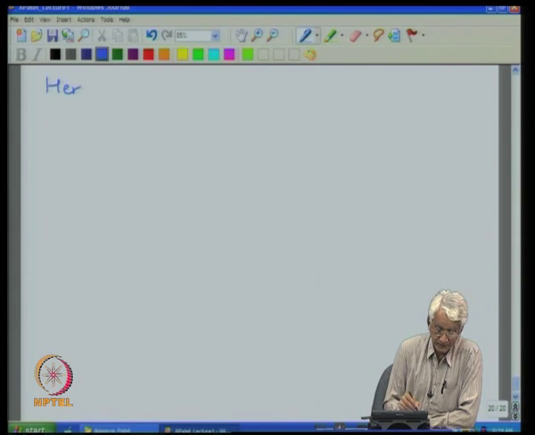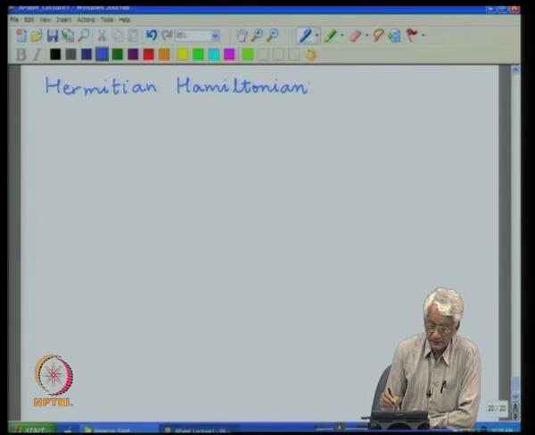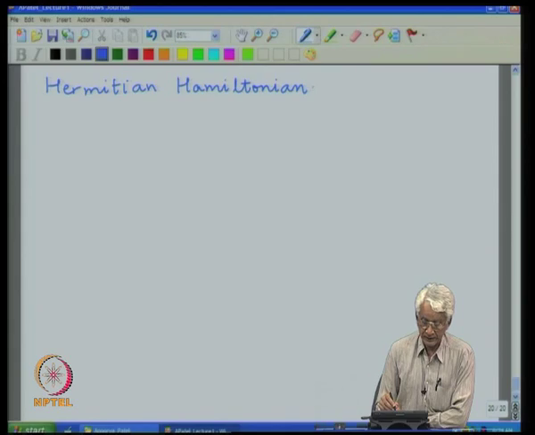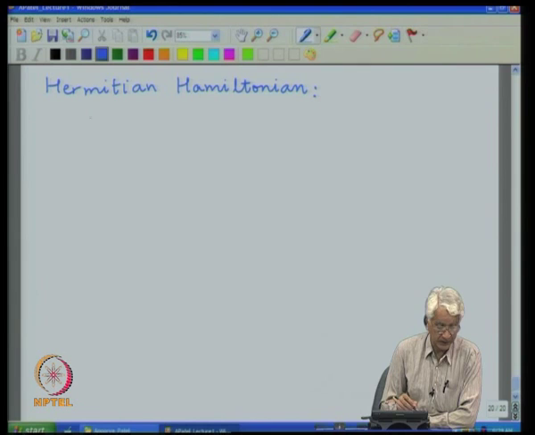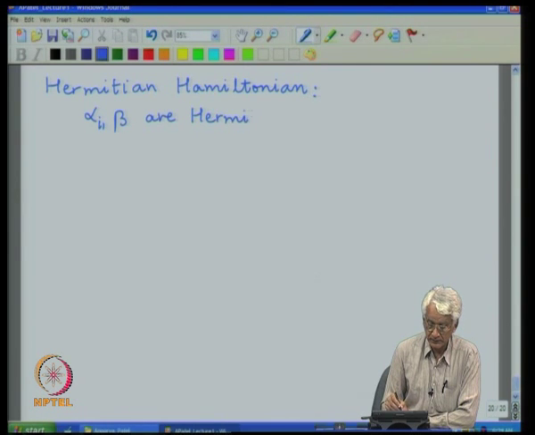One of them is they represent a term of a Hermitian Hamiltonian, and that puts several constraints. In particular, alpha and beta are Hermitian, that automatically means that they have to be square matrices.